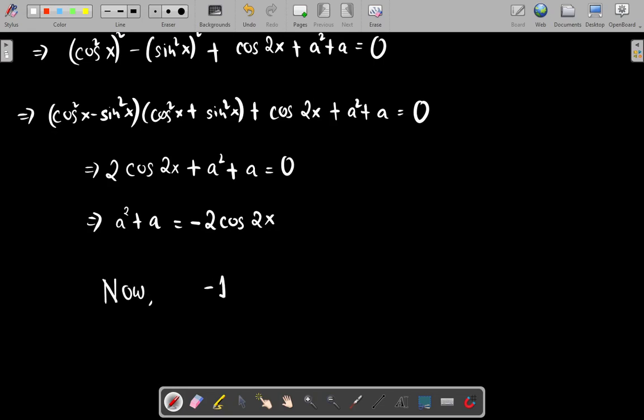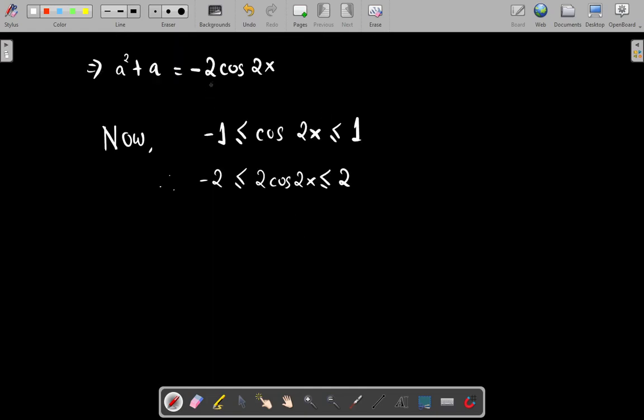Now we know that the value of cos theta ranges between plus 1 and minus 1. So the value of 2 cos 2x will range from minus 2 to plus 2. Here it is minus 2 cos 2x.